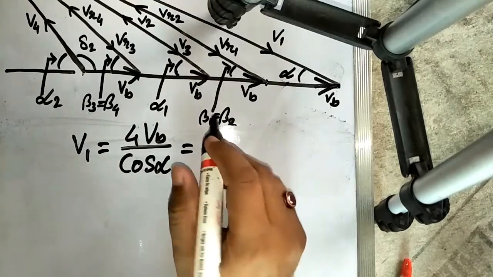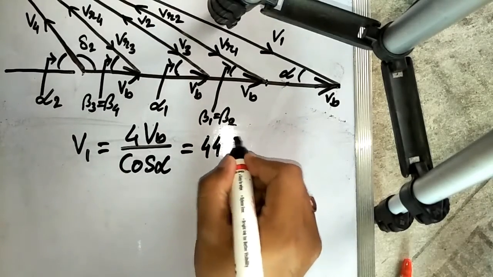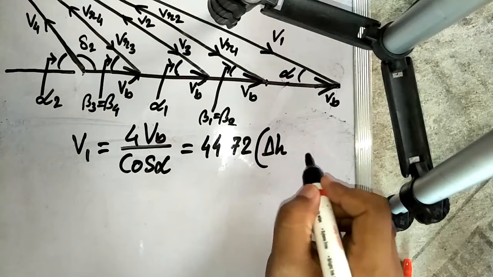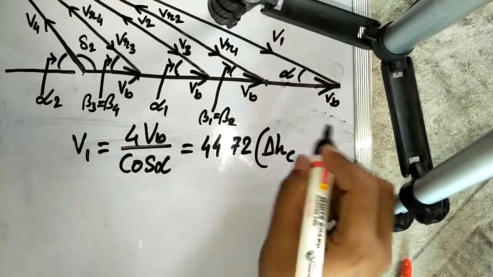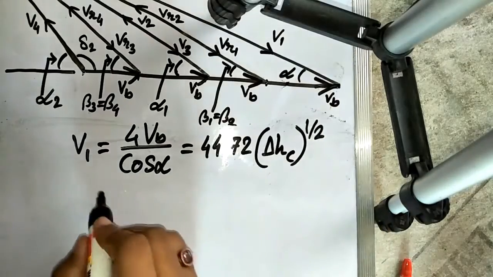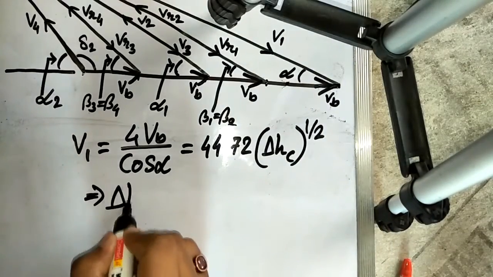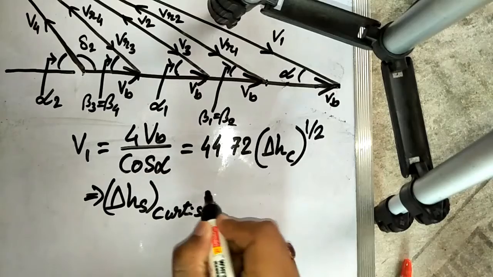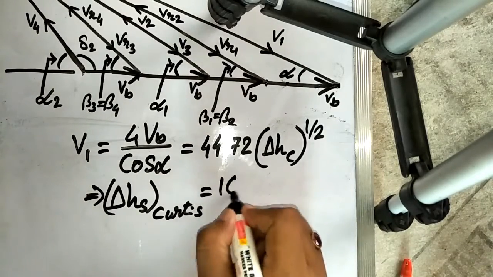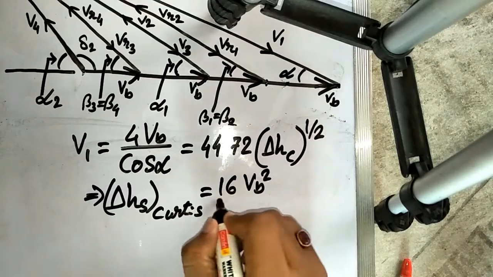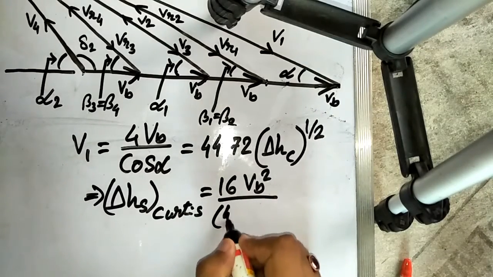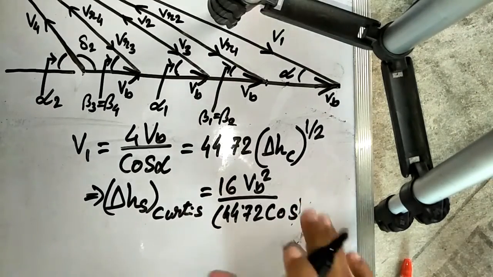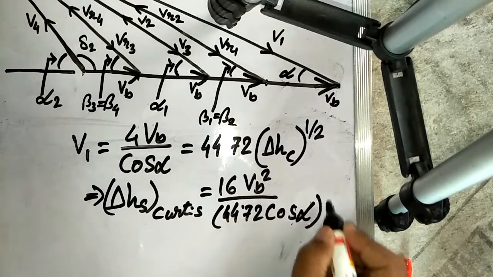So we can write 44.72 into delta H, where C stands for Curtis staging, to the power half, and that is equals to delta H, the stage enthalpy drop for Curtis staging, equals to 16 VB square by 44.72 cos alpha whole square.